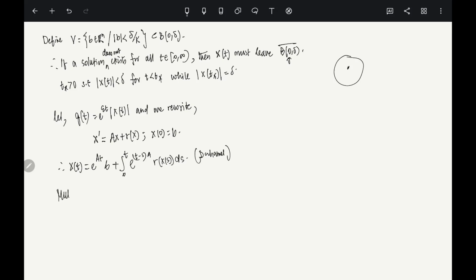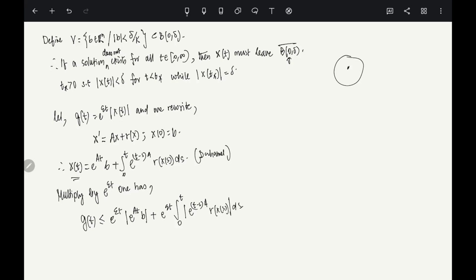So multiply by e^(εt), one has g(t). Yes. You see, multiply and take the modulus, then take the norm exactly. e^(εt) times the norm of e^(At) b, plus e^(εt) times the integral from 0 to t of the norm of e^(A(t-s)) r(x(s)) ds.